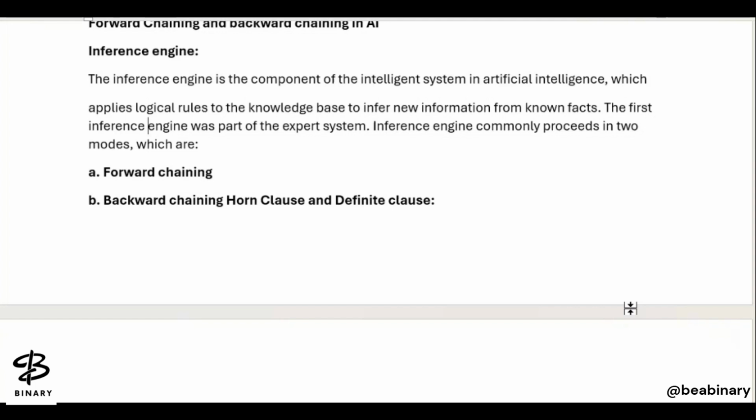Simply, forward chaining in artificial intelligence means moving from the facts to the conclusion, right? Different facts have been there. From different facts, we will move to a conclusion. While in backward chaining, we move backward from a conclusion to find the facts that can support a particular conclusion.